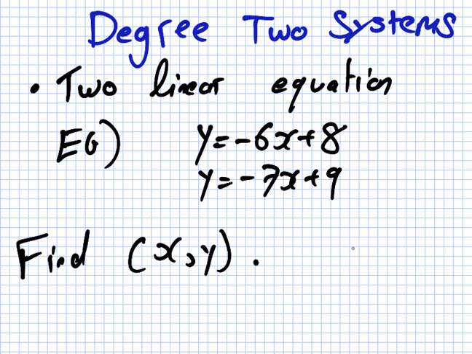So if we think about the last class, what is one way from the last class of finding this point? What could we use in the last class to find x, y? Any ideas? Midpoint? No, not midpoint, because for midpoint we need 2 points anyways.